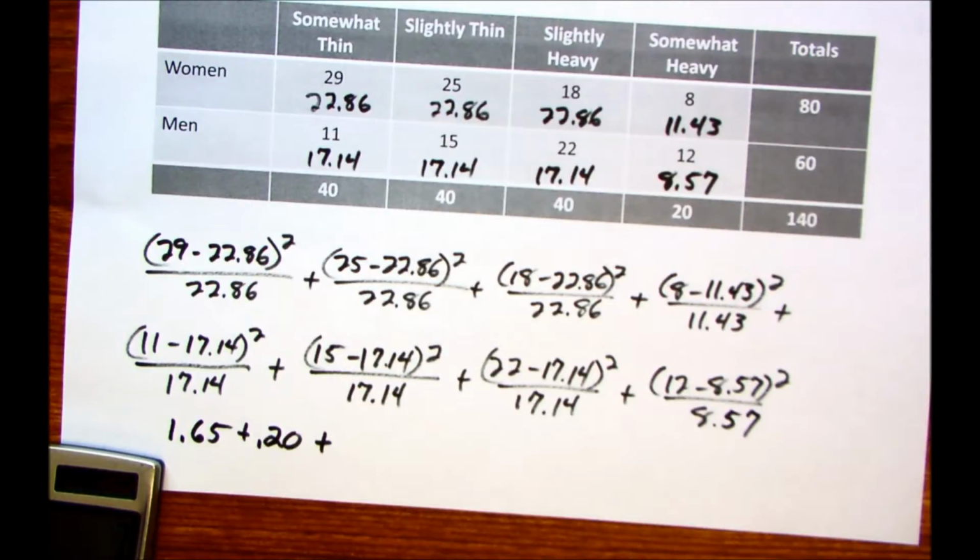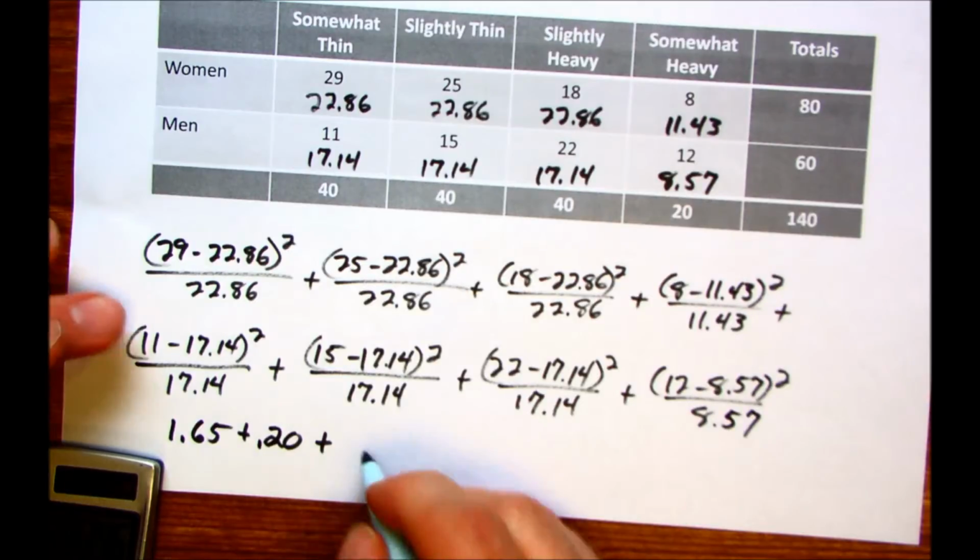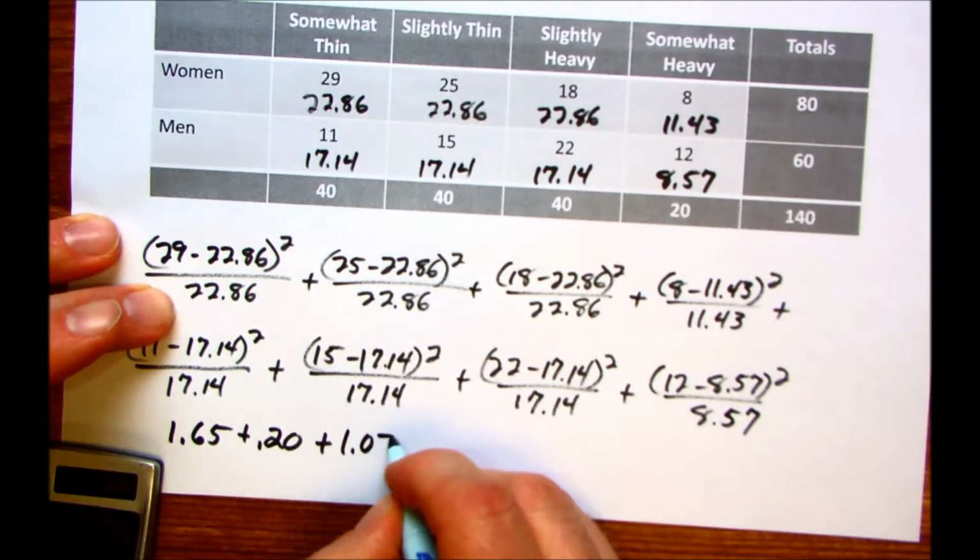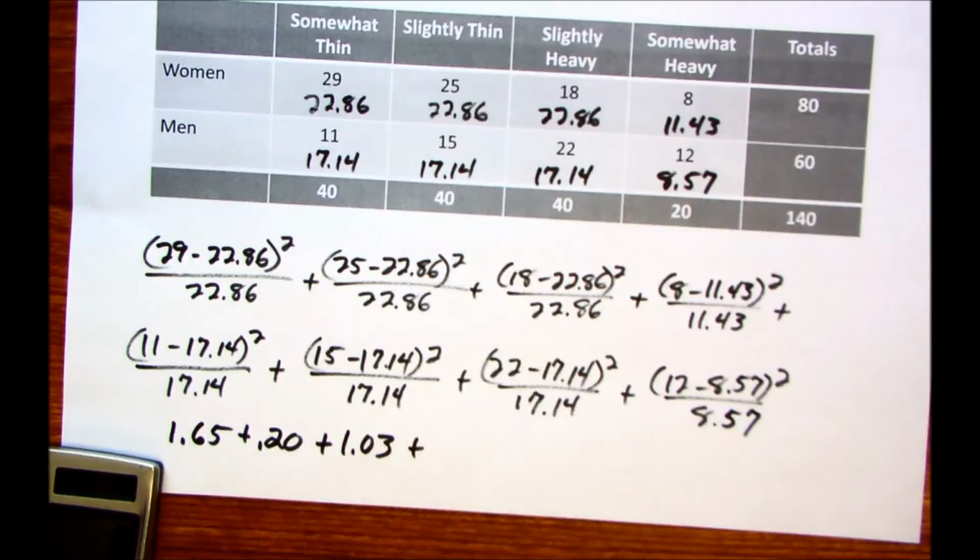Then 18 minus 22.86, which is negative 4.86, gives 0.23 after working it through. Then 8 minus 11.43 gives 1.03.